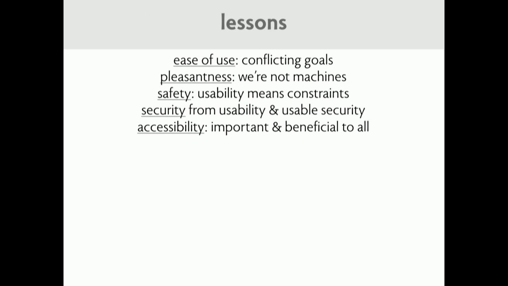So the lessons, in short, are that we have these criteria. They're often conflicting, especially the ease of use criteria. Security is not only about usability causing risks to security, but the need for usability to support security. And the important thing to understand about accessibility is that time and time again, people have groused about making things more accessible.